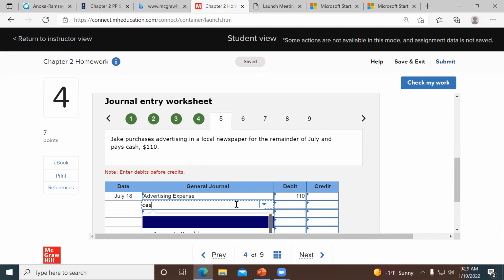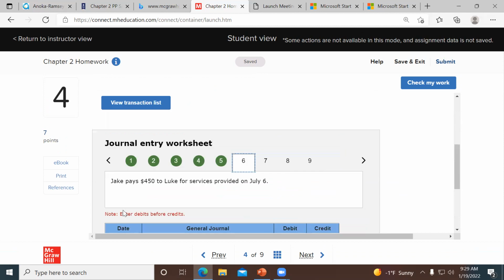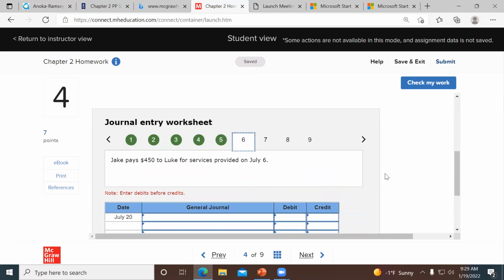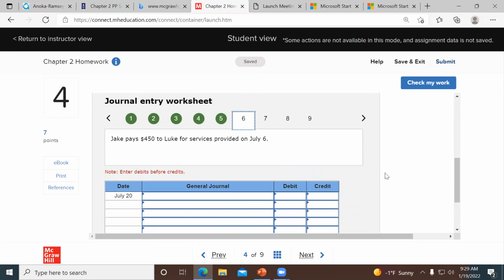Cash, excellent. Next, Jake pays Luke $450 for services provided on July 6th. What are we going to do? Go look at it, guys.